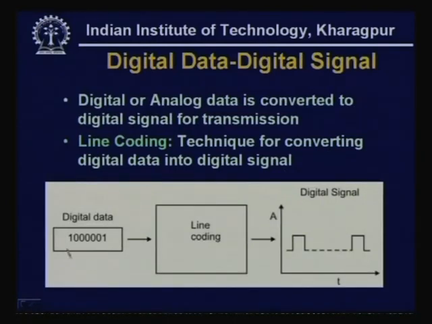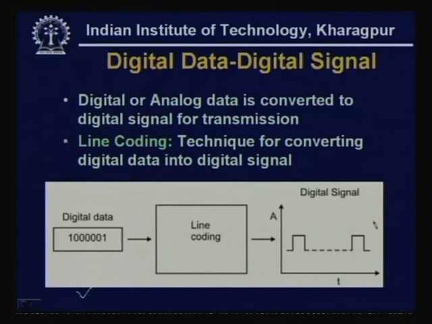Here you have the digital data 1 0 0 0 0 0 1. This data may be coming from some memory of the computer or may be stored in a digital disk, and we shall apply line coding, which will convert it into a signal. As you can see here, you have the signal. This signal can be transmitted through the communication media.